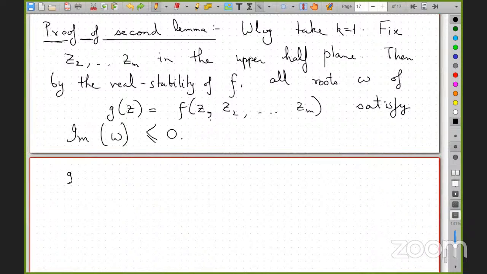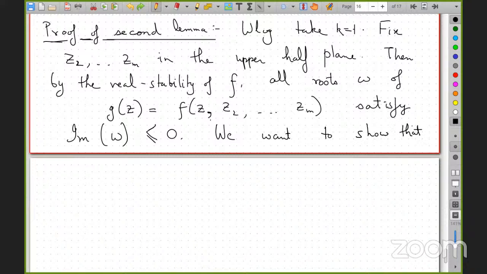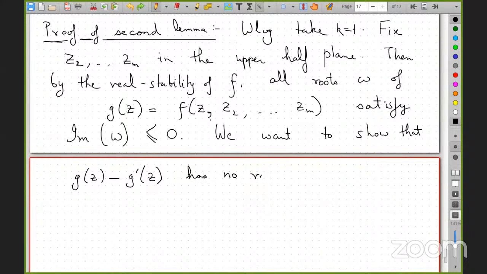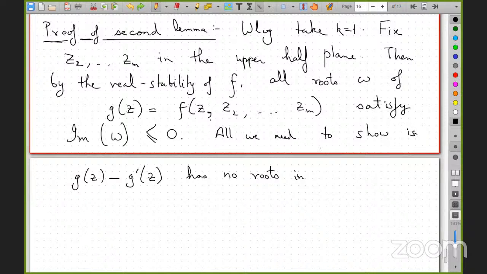What we have to show is that it's basically a univariate problem: that g(z) minus g'(z) has no roots in the upper half plane.